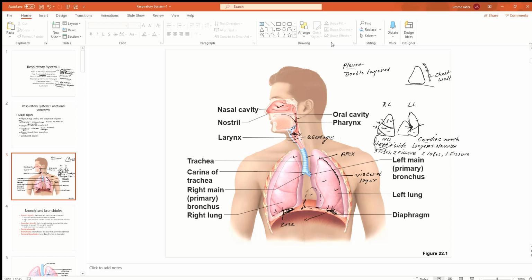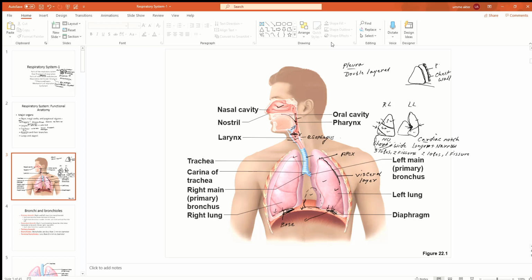The inner layer of the pleura is attached to the surface of the lung like this, and then folds here like this, and this outer layer gets attached to the inner surface of the chest wall. So this is the visceral layer, and this one is the parietal layer.